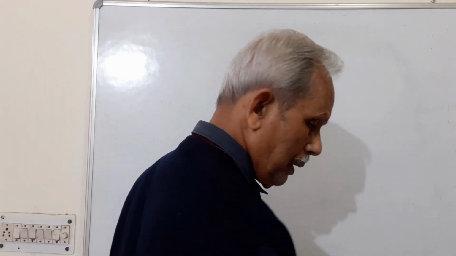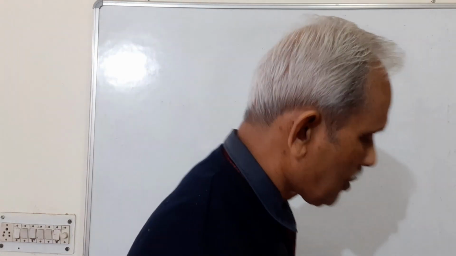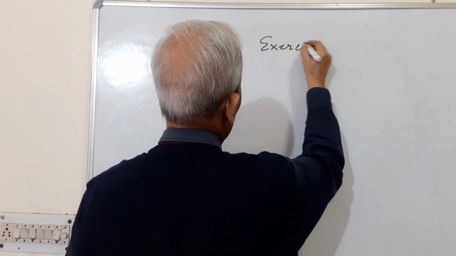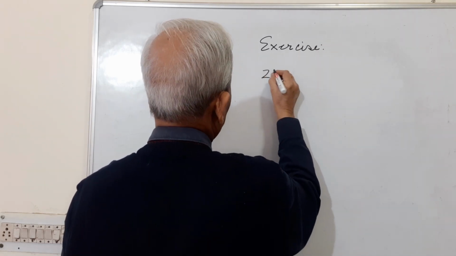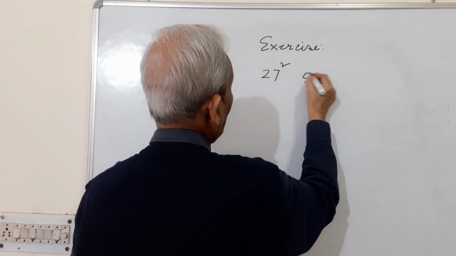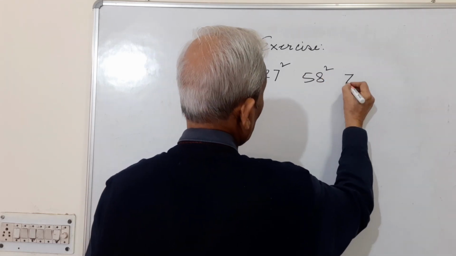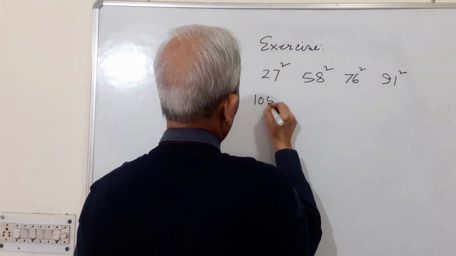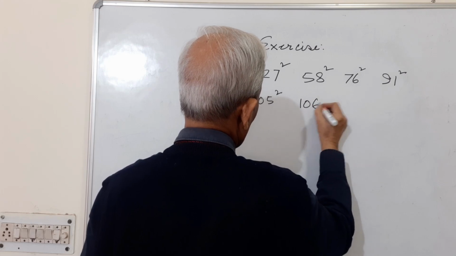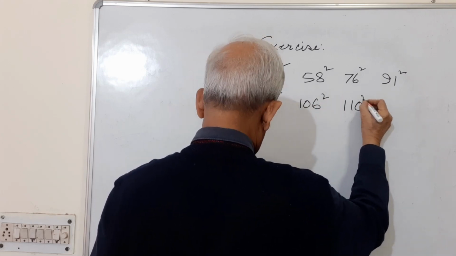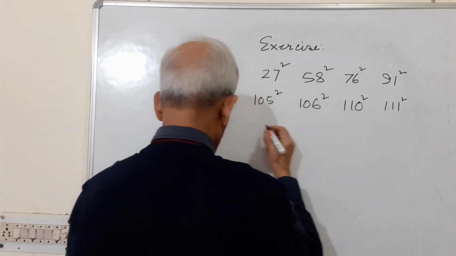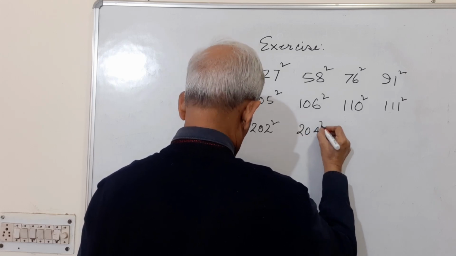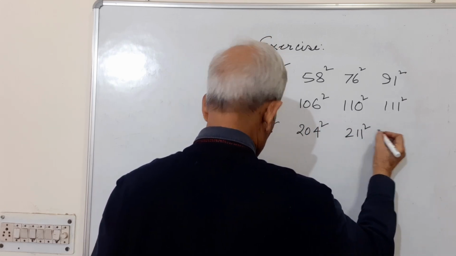So let me give you some exercises to be done: 27 square, 58 square, 76 square, 91 square, 105 square, 106 square, 110 square, 111 square, 202 square, 204 square, 211 square, and 301 square.